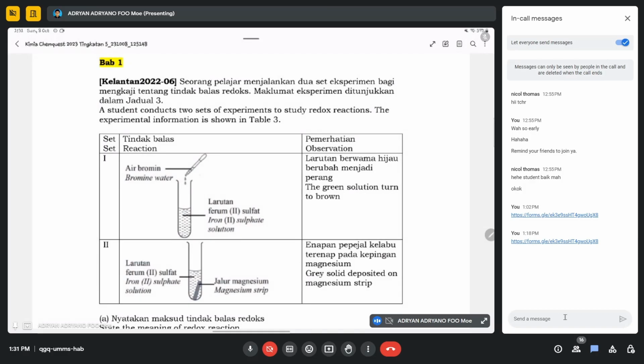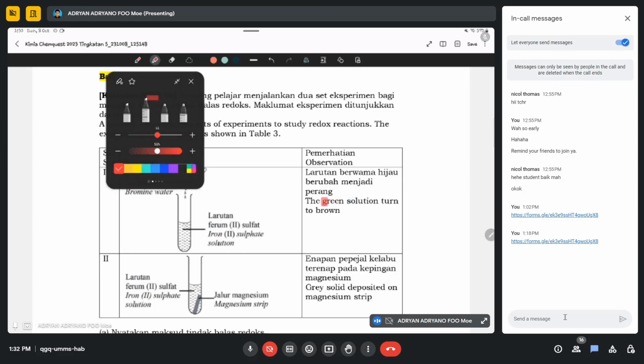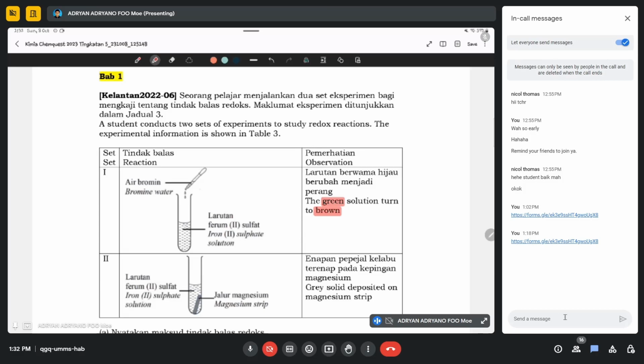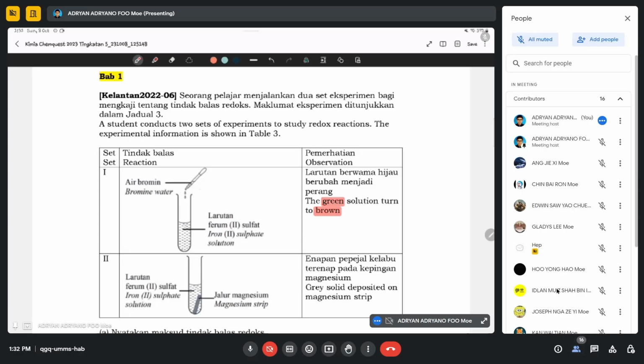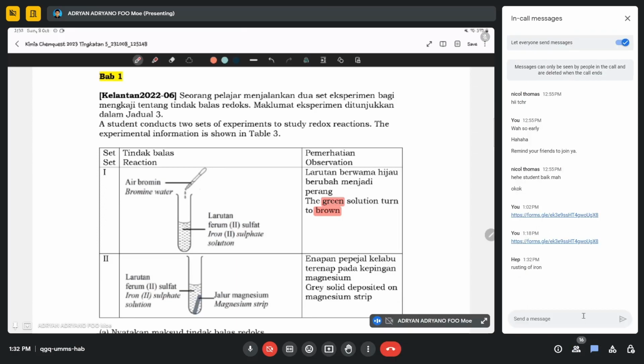Okay, they got 2 reactions. 1, bromine water I add into iron 2 sulfate. What is the observation? Green turn to brown. Okay, green turn to brown. Okay, now I want to ask you all in the chat, in the meet here. When green turn to brown, 它代表什么东西？它代表什么？Come answer. Rusting of iron.